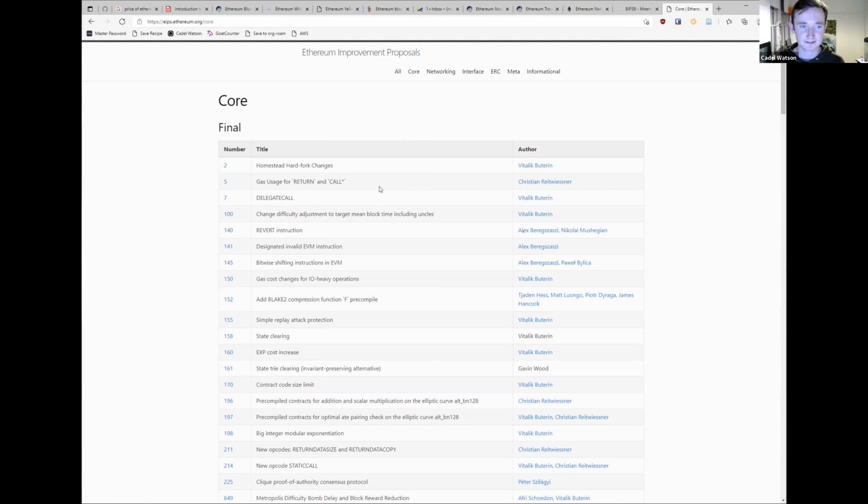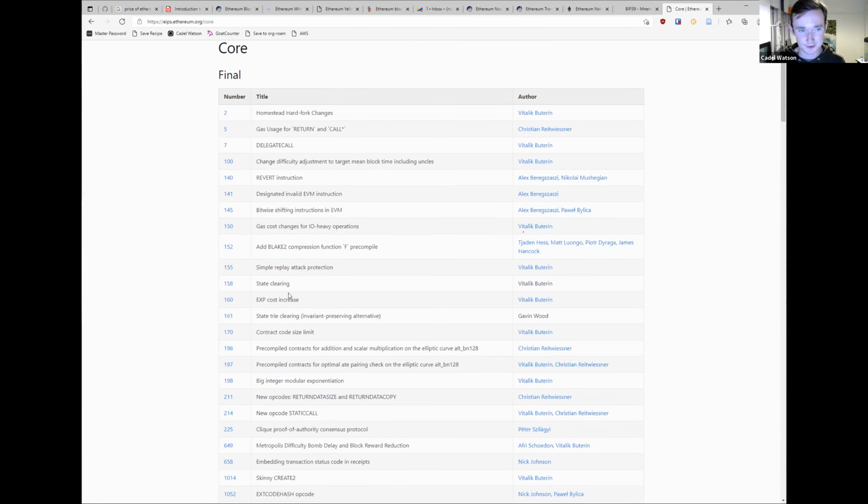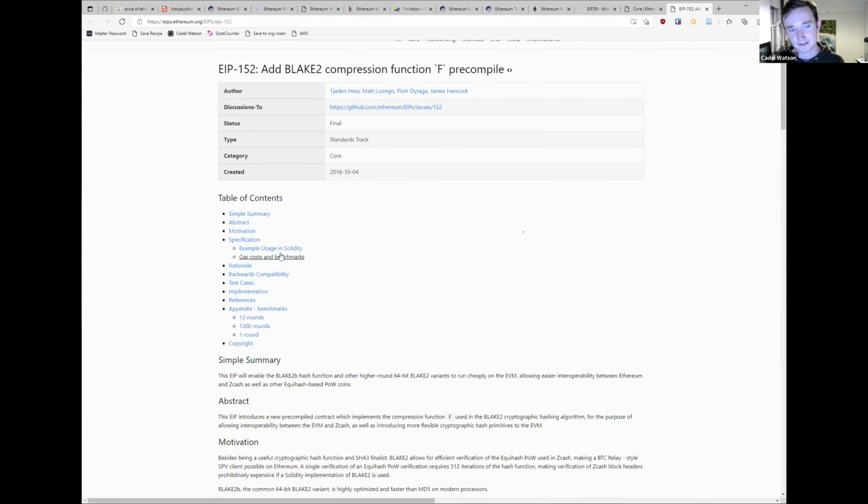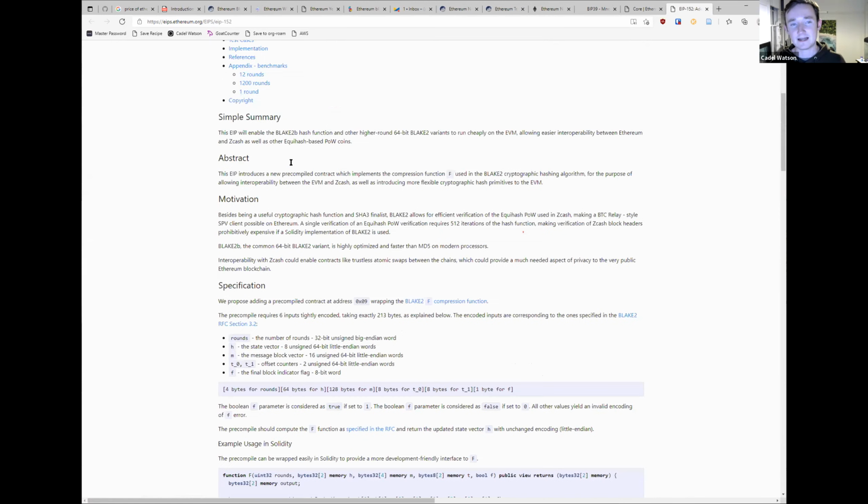So you've got things like someone wanted a certain instruction that could do data compression, right? This group of people got together and said, I want to be able to compress data in my smart contracts. They wrote up a description of it.